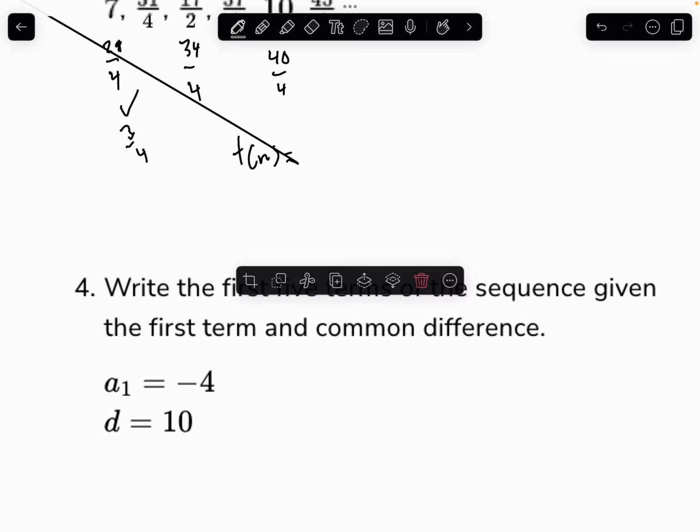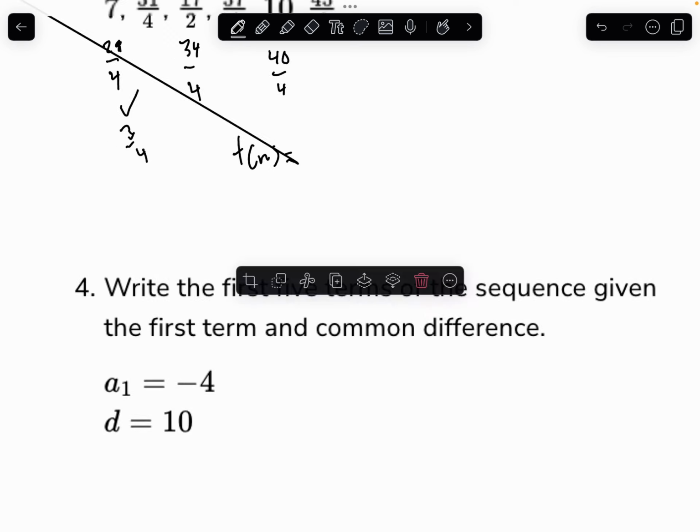They call it the initial value. The initial value and the y-intercept are the same thing, because it's where x or n equals 0. So it's going to be 25 over 4. So our equation is T of n equals 3/4 n plus 25 over 4.